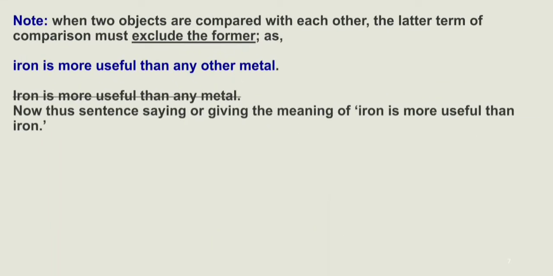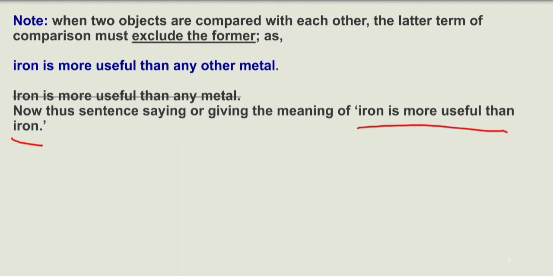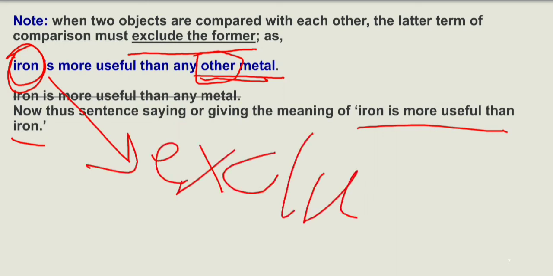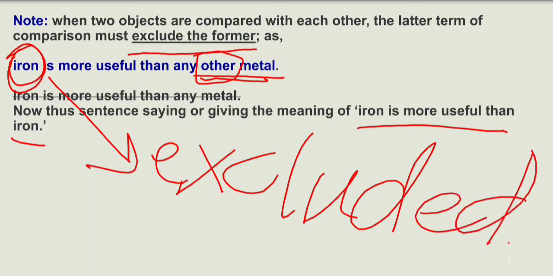The explanation is that this sentence gives the meaning of iron is more useful than iron. So keep in mind to exclude the former. Here the former means iron, so the word iron must be excluded. Here we have to say other metals. By saying other metals, iron is excluded and the sentence has been corrected.